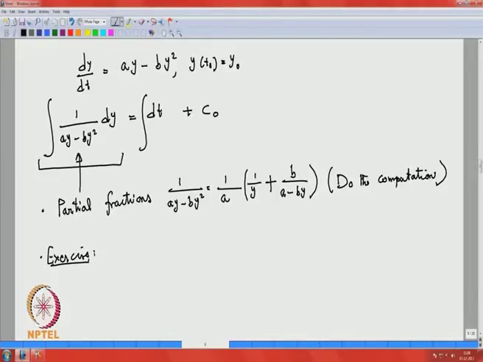to produce a solution in implicit form, an implicit representation.